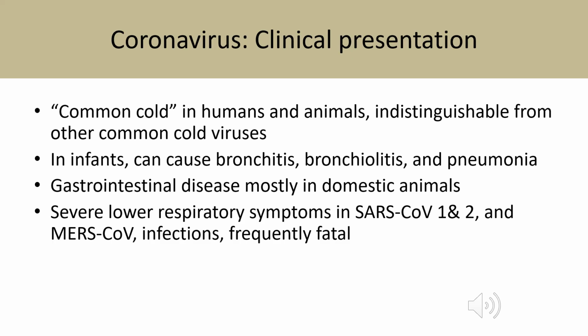Gastrointestinal disease is also seen in domestic animals where outbreaks of coronavirus infection can occur. Now, the severe lower respiratory symptoms are characteristic of the more recent coronaviruses, the SARS-CoV-1 and 2, and the MERS-CoV infections, which unfortunately are frequently fatal.